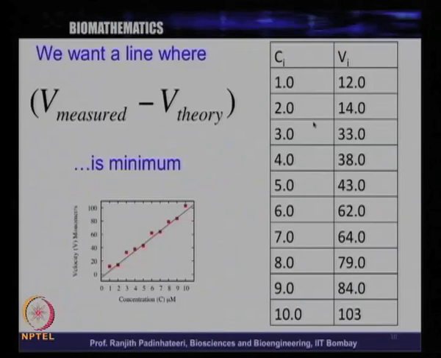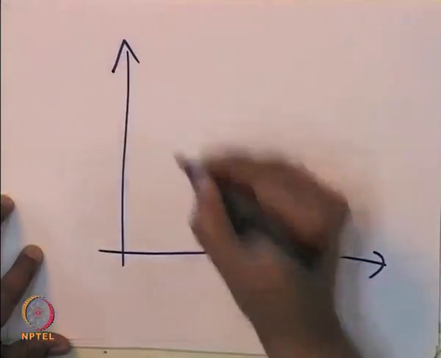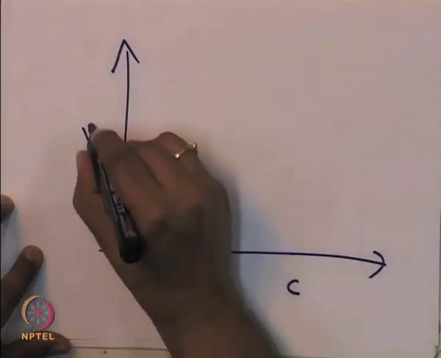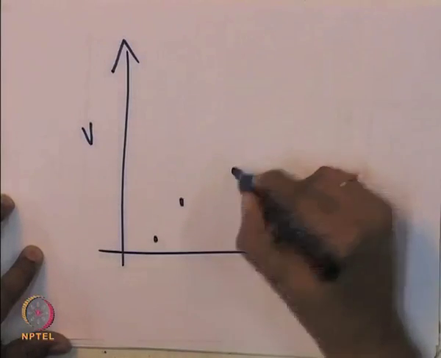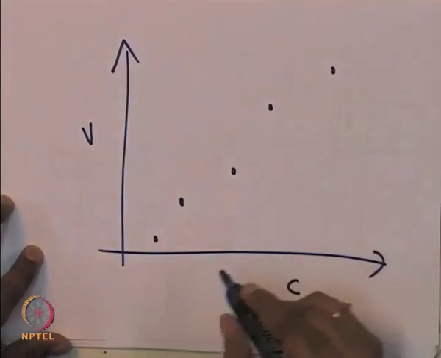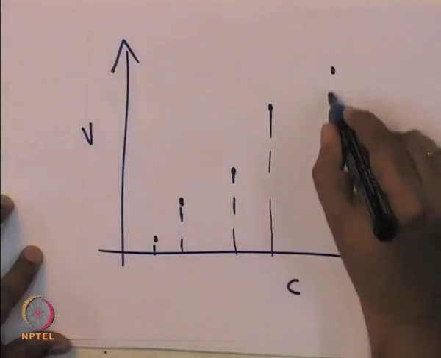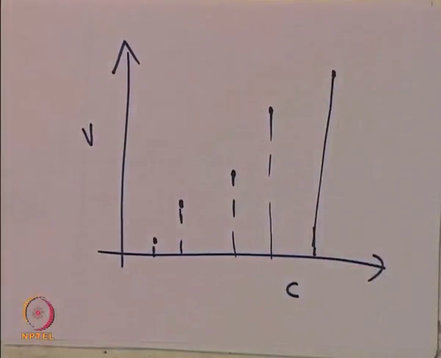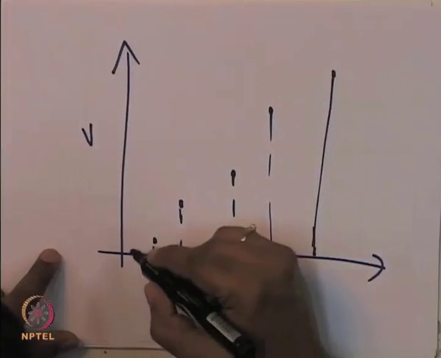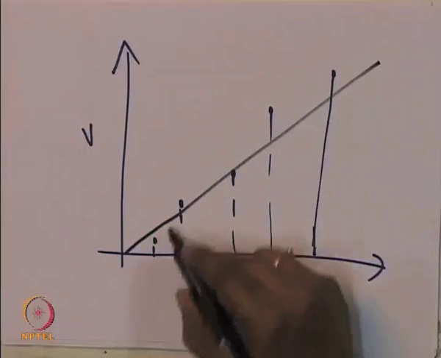Now, if you know this Kd and K0, so what we have here is, for every concentration, experimentally you have velocity. So, let us take a few points. For each of these concentrations, there is a particular y value that you get from the experimental data. Now, for the theoretical curve, let us say we get a best fit, which is something like this.